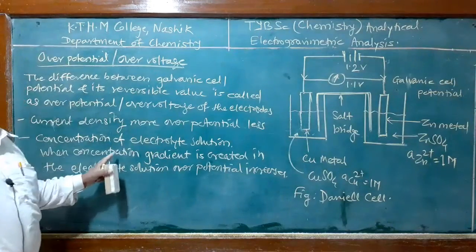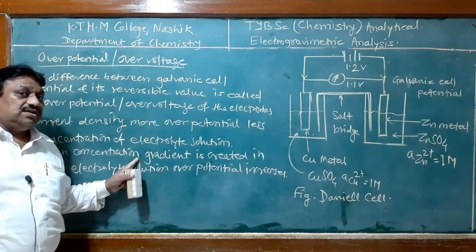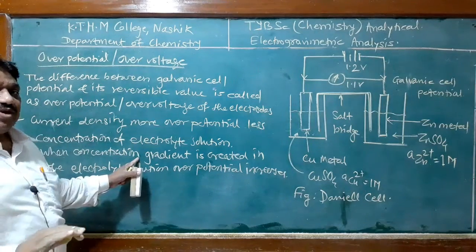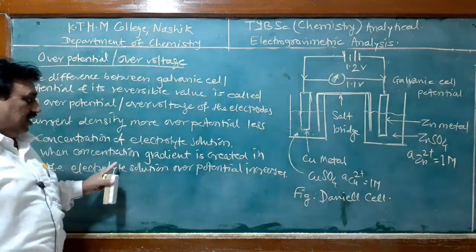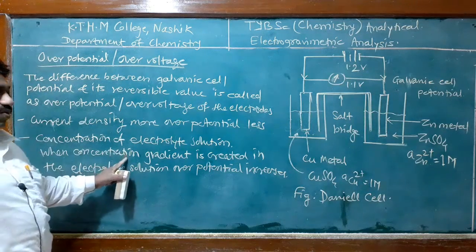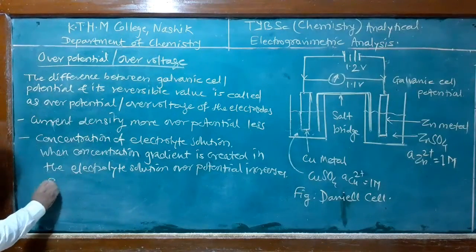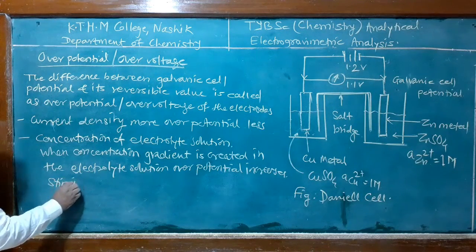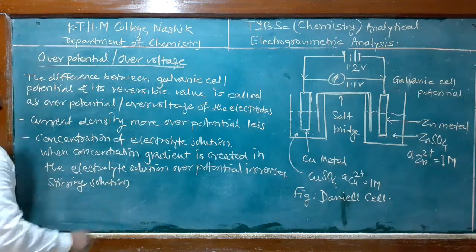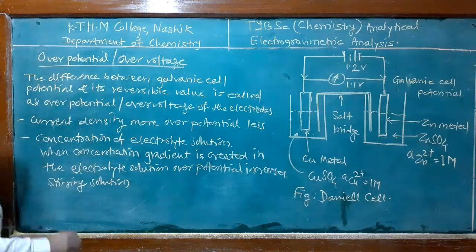That means when there is a concentration gradient, it has more overpotential, because conductance of the solution varies with the concentration of the ion, and therefore overpotential changes. The overpotential because of the concentration gradient can be nullified simply by stirring the solution. If stirring is carried out, then we can nullify the effect of this concentration gradient on the overpotential.